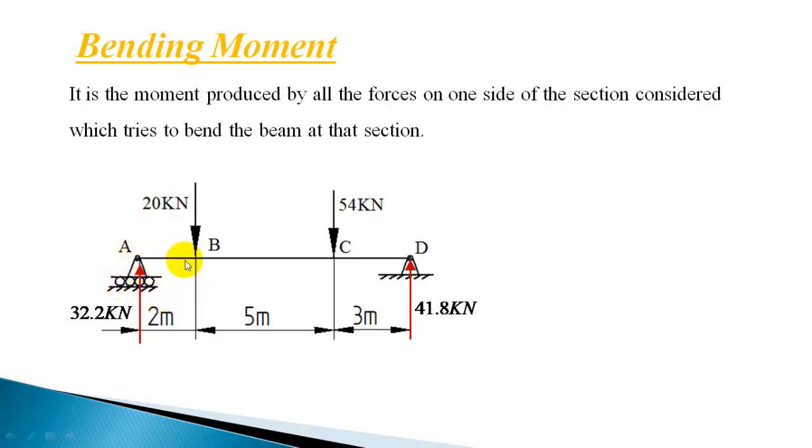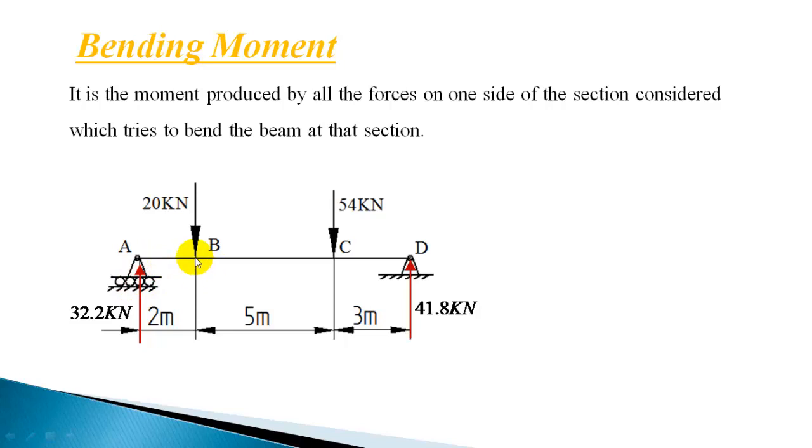So 32.2 into 2 or 64.4 is the bending moment produced at point B. So 32.2 is producing a clockwise moment, and there is no other force. There is one force here that will not produce any moment with respect to point B. So bending moment at point B is 32.2 into 2 or 64.4 kilonewton meter.